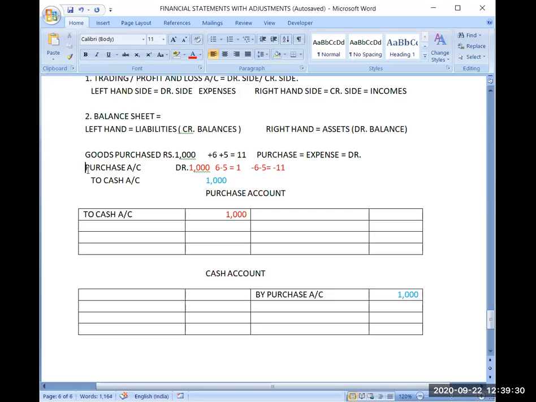If I am adjusting my financial statements, I am recording this transaction now in my books of accounts. Obviously, my purchase account and my cash account balances will be corrected now. So I have to correct two accounts. Am I correct?